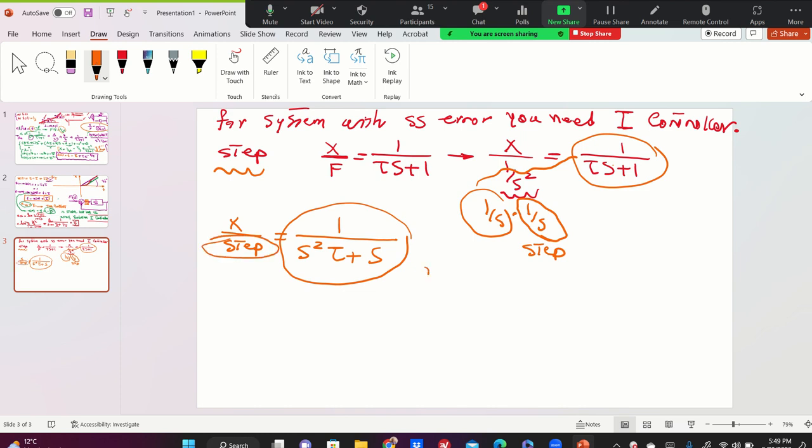So the numerator, because it's a second order system, in MATLAB coding is going to be 0 0 1. For the denominator it's tau 1 0. There's no constant term, so the last coefficient is 0. See what I'm saying?